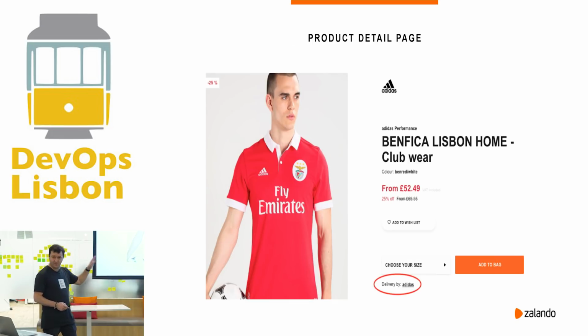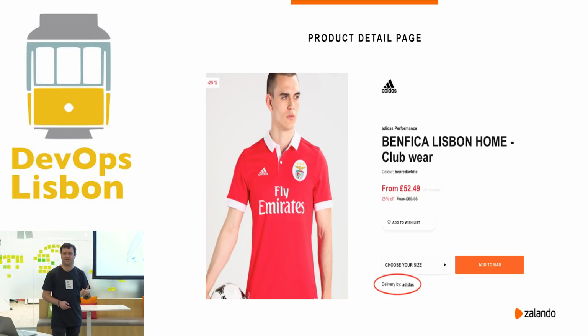And now I have this example of a complete fake website with a complete fake t-shirt. And I want you to pay some attention to that part, which is highlighted at the bottom. It says delivered by Adidas, right?